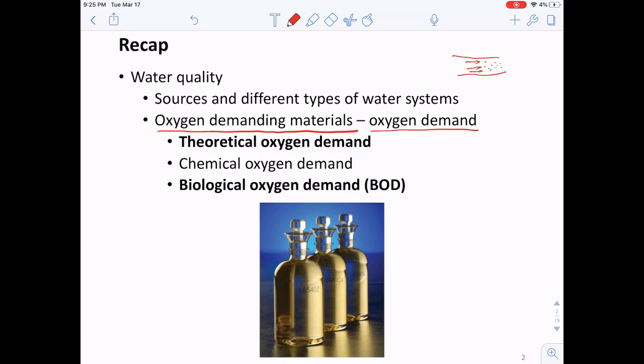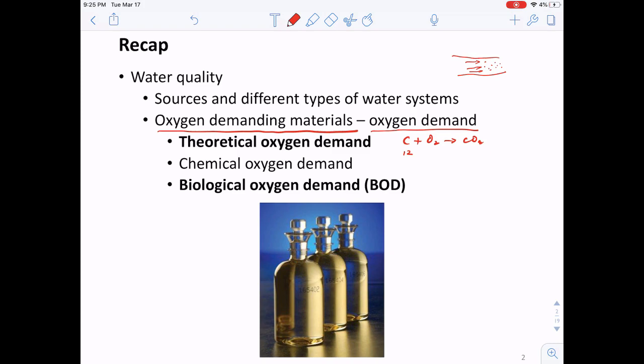In terms of oxygen demand, we introduced three different types. One is the theoretical oxygen demand, which is purely based on stoichiometry. If we take carbon as an oxygen demanding material, it forms carbon dioxide.